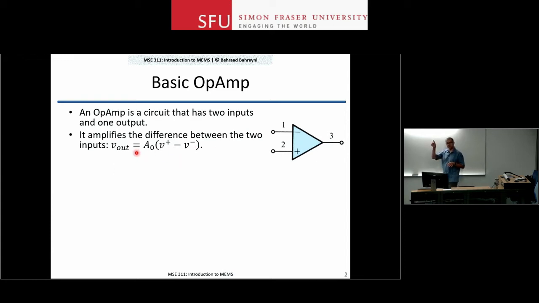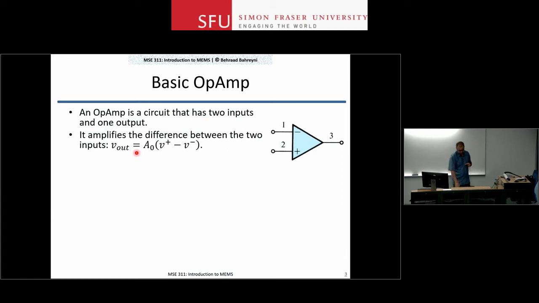You look at the difference between the 2 inputs. Input 1 in this case is called the inverting input, with a negative sign on the op-amp. Input 2 is non-inverting, with a plus sign on the op-amp body. And V out is the difference, so V2 minus V1, or V plus minus V minus, times a constant gain. So that's the definition of an op-amp.